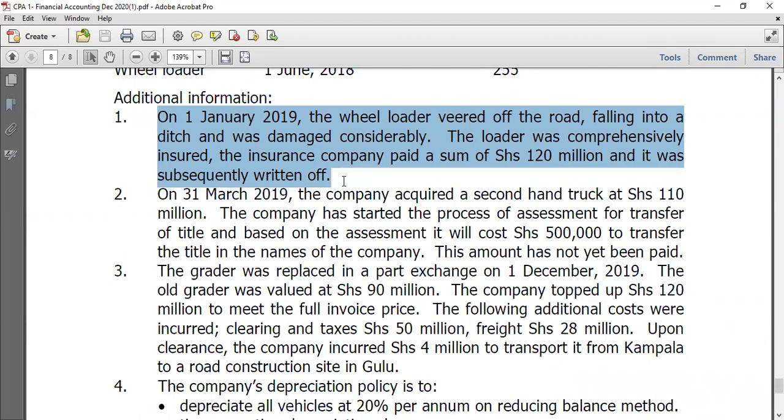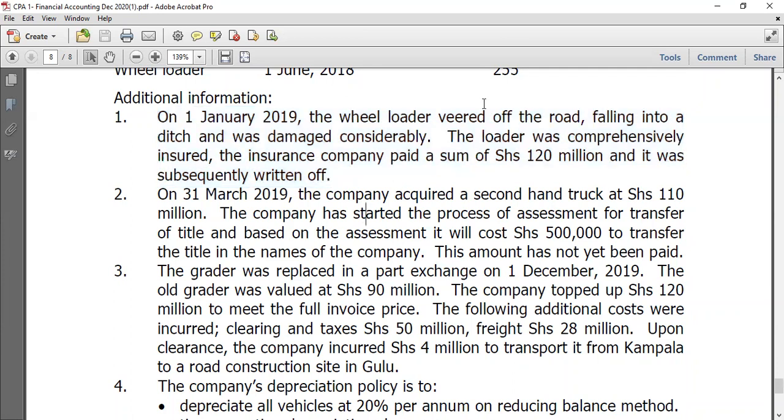One of the things you need to know here is that the insurance company paid us 120 million, but yours should be to ask what was the net book value of this loader at this point in time. Now, we are going to action this.